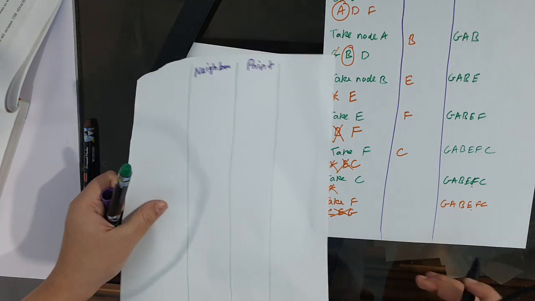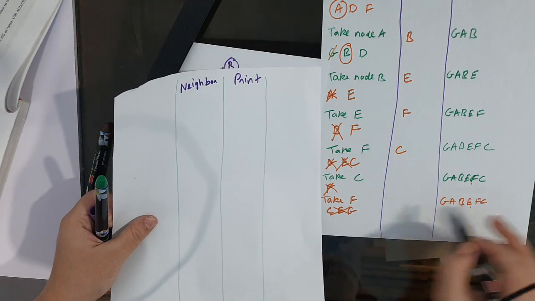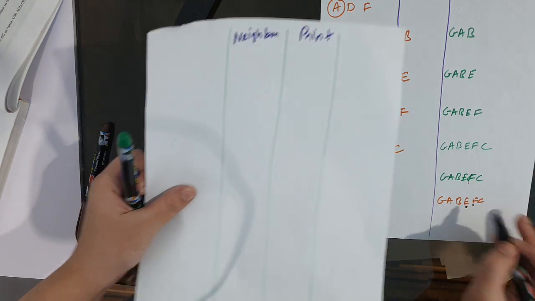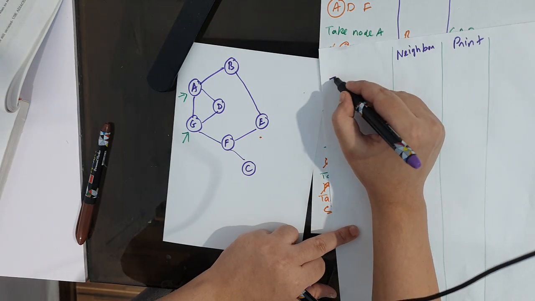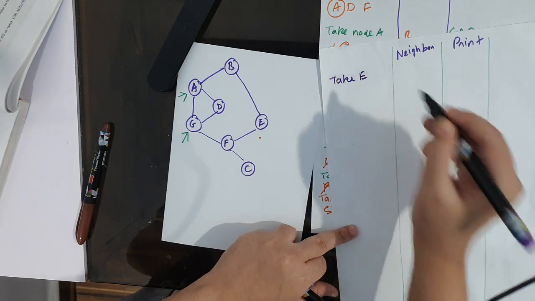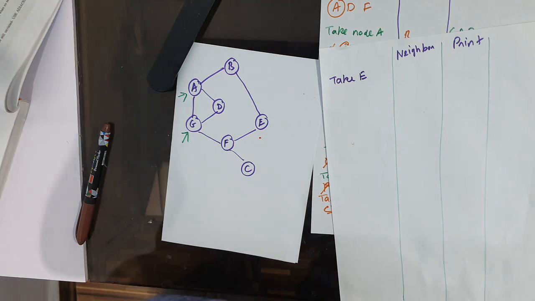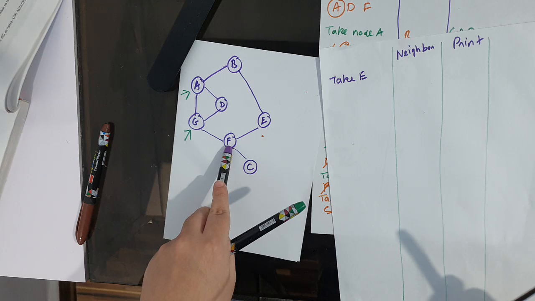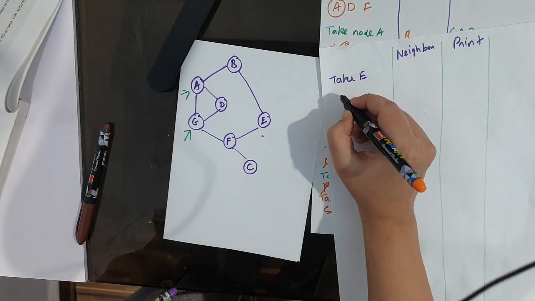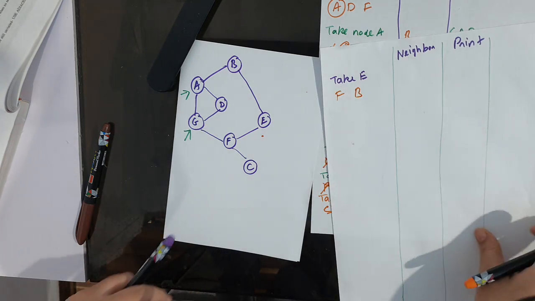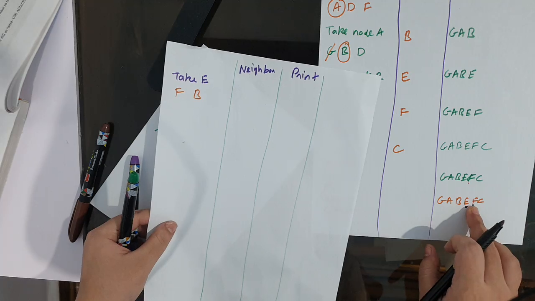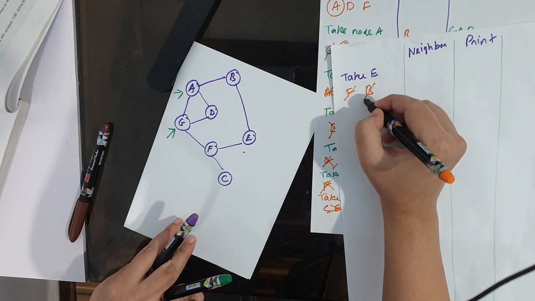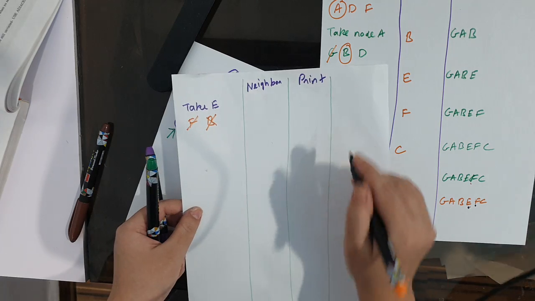So F is right here. Backtracking from F means considering E. So take E. What are the neighbors of E basically? The neighbors of E over here are F and B. So write F and B. If you notice, F and B both are visited, so we don't require them. So our list will remain as it is.